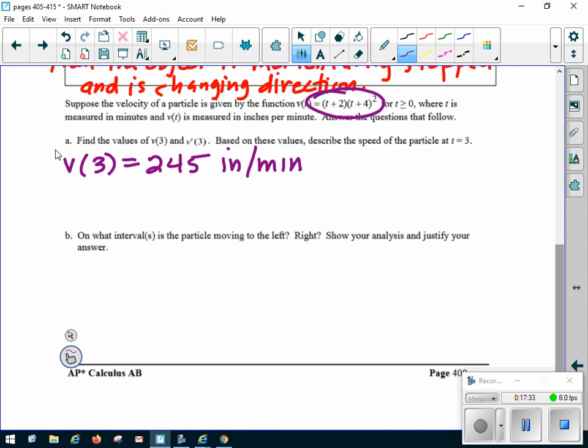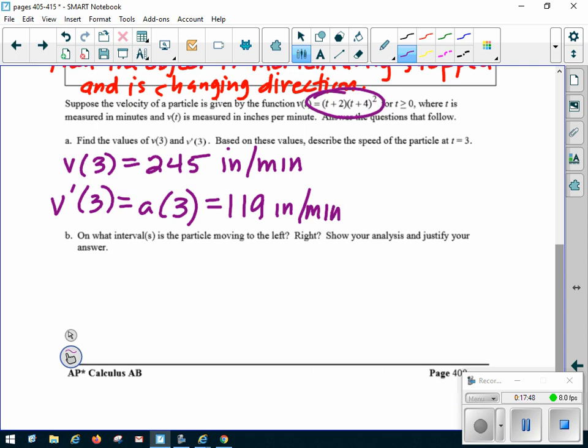So let's find v prime of 3. But v prime of 3, that's a of 3. So you're going to have 119, and that's going to be inches per minute per minute. So every minute, the velocity is changing at 119 inches per minute.